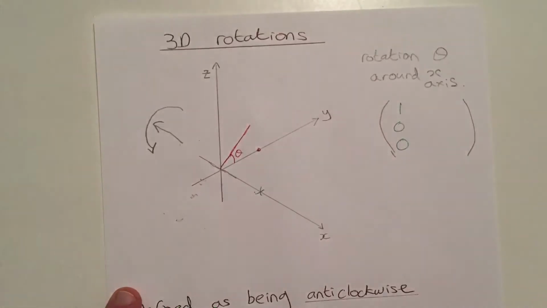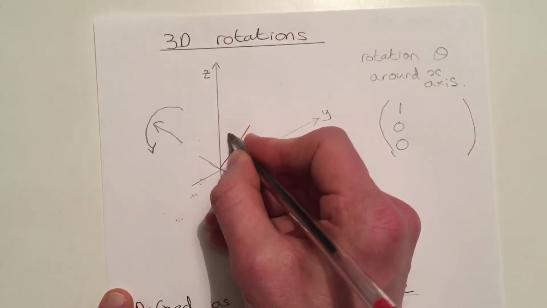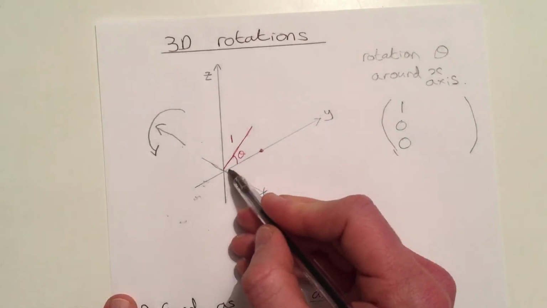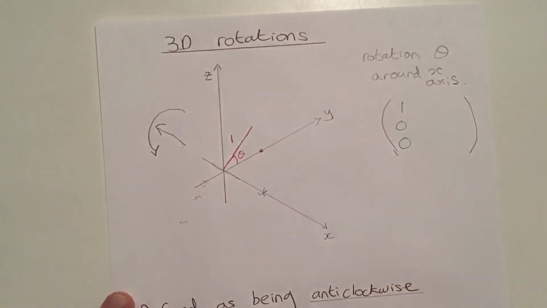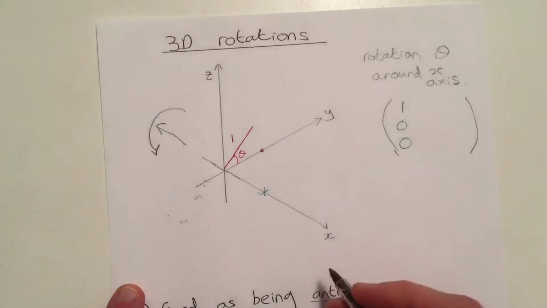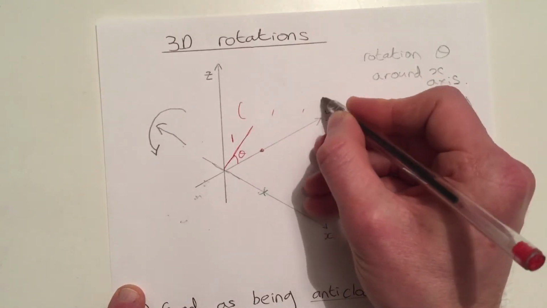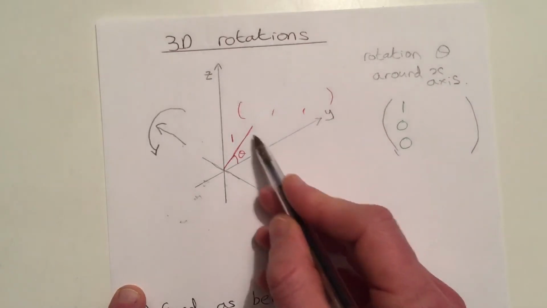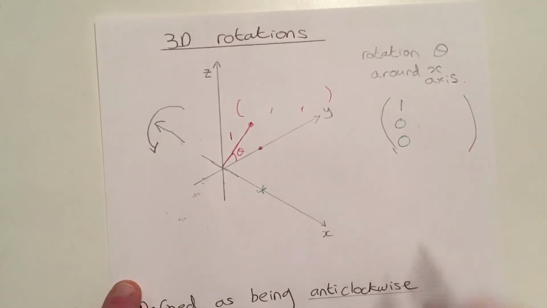Now, remember how we did this in 2 dimensions? That is 1, because this length here was 1 to begin with. So just rotating it will still be 1. And what I'm interested in is what's the x, the y, and the z coordinates of this point here, because that's going to tell me this column.